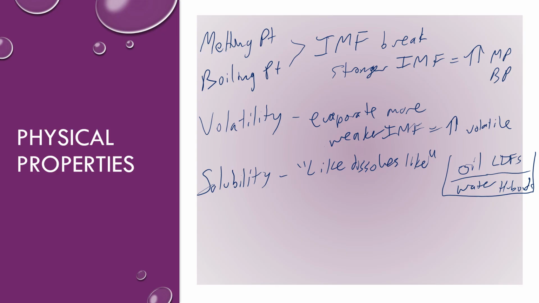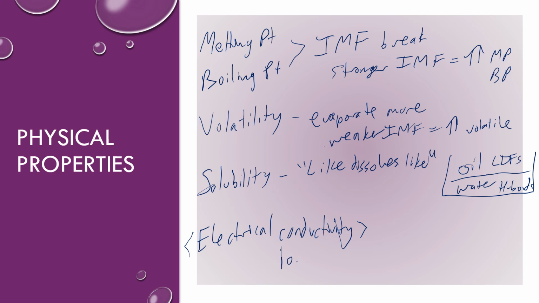The last thing that could be affected is electrical conductivity. Typically we're going to be using it as a baseline to determine whether or not it is ionic, because whether you have polar or nonpolar, when it dissolves, it's still not going to be particularly electrically conductive.